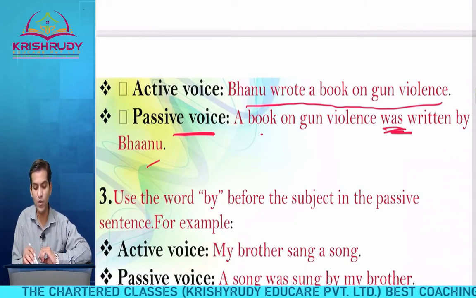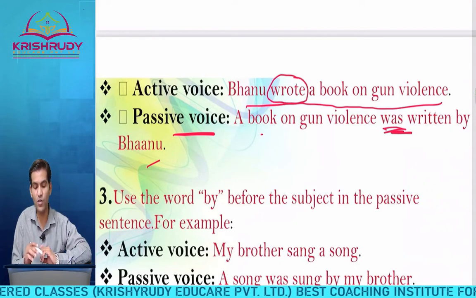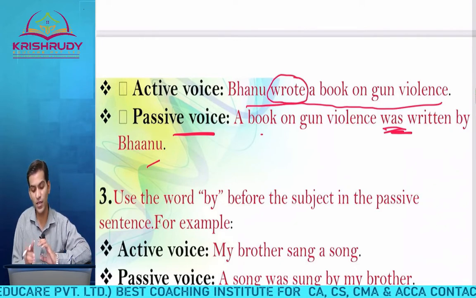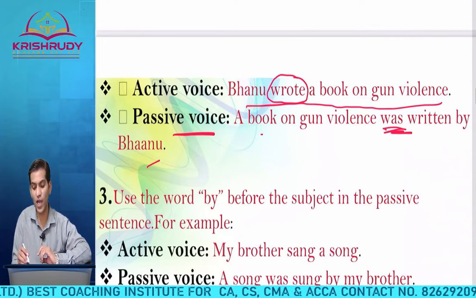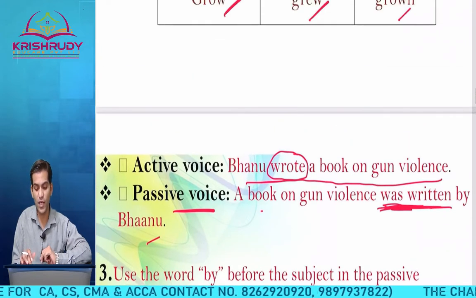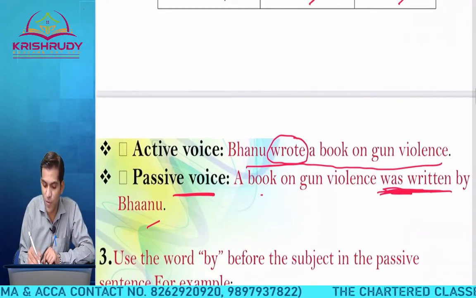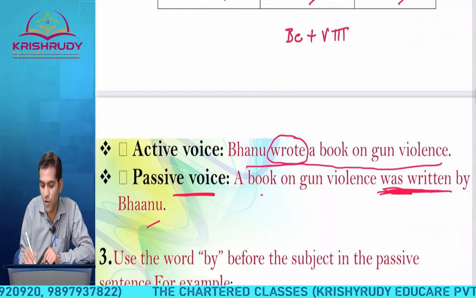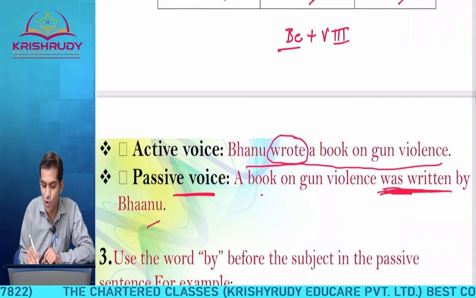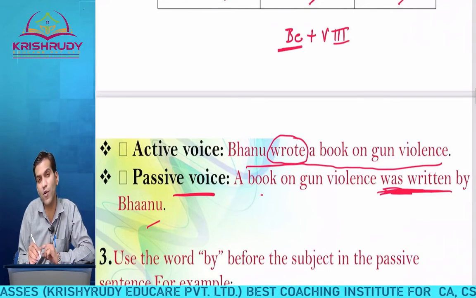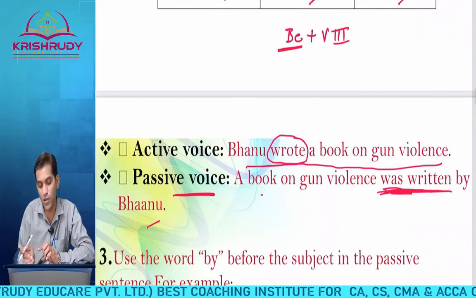Seeing this form of verb, you can easily identify that this is simple past tense, and in passive voice we have was. If I remind you about this formula, which is be plus verb third form, as I told you, this be is itself a verb and it has different forms like first form, second form, and third form.